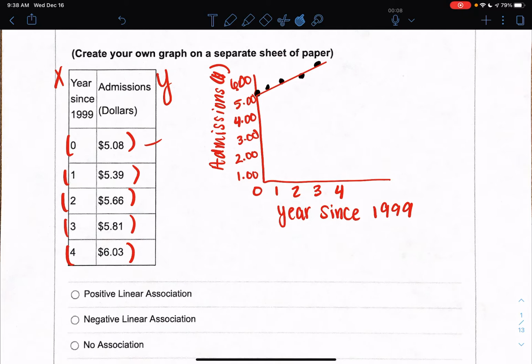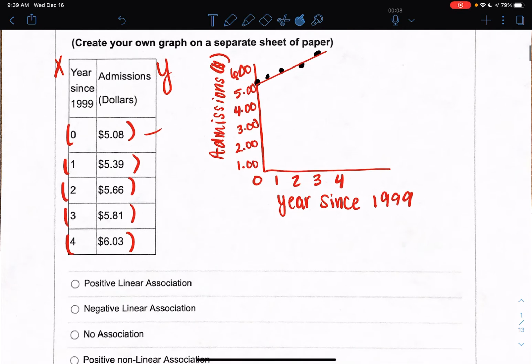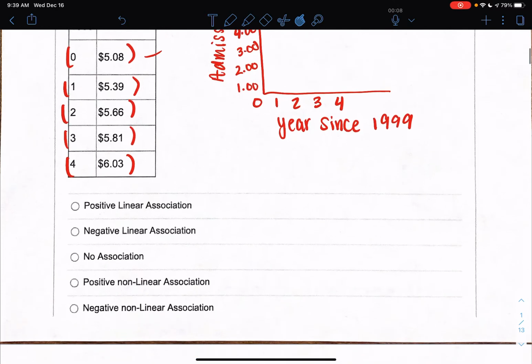They just have to be close enough, or some of them on there. So it just has to create some type of line. Now, my best line of fit is increasing, and it is going to be linear. So that leaves me with option A, or that very first option, okay?